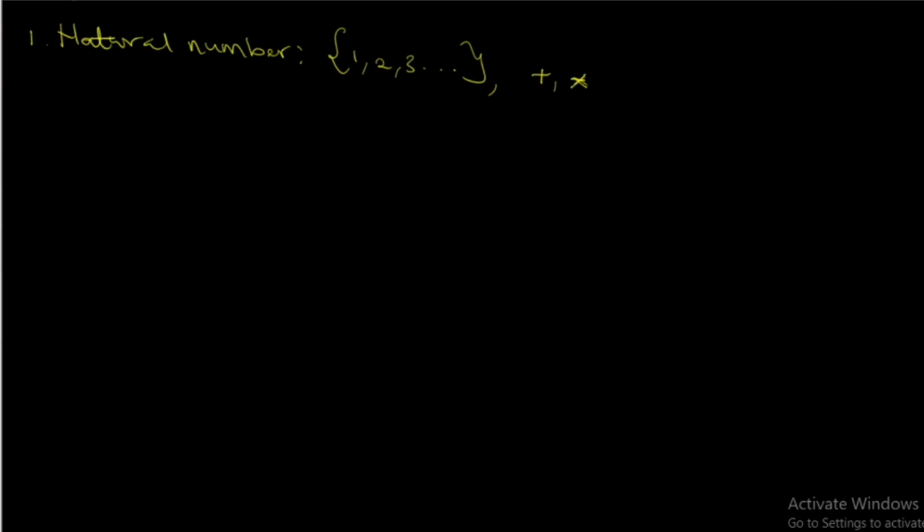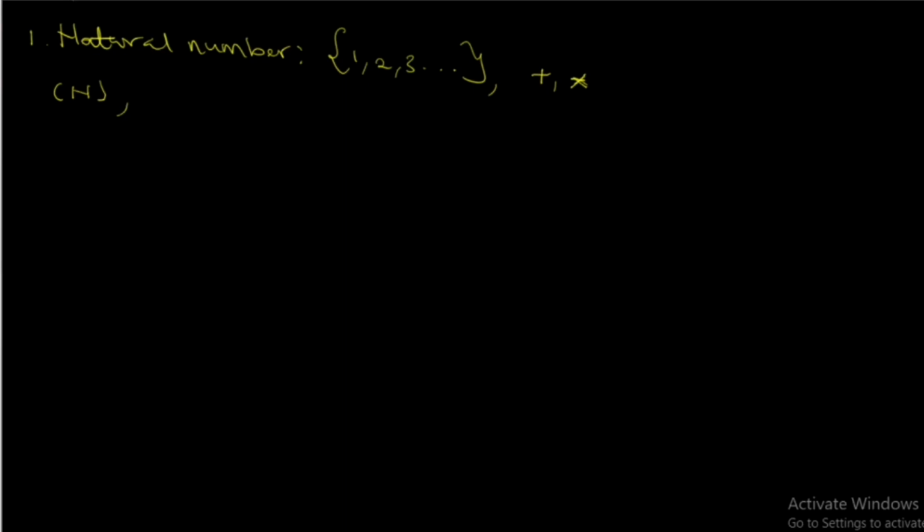So let's try and explain. Normally with natural numbers, we represent natural numbers using the letter capital N, right? So whenever you see capital N in number theory, you know that that letter represents what? Natural numbers. So then we are going to prove why it's closed under addition and multiplication.